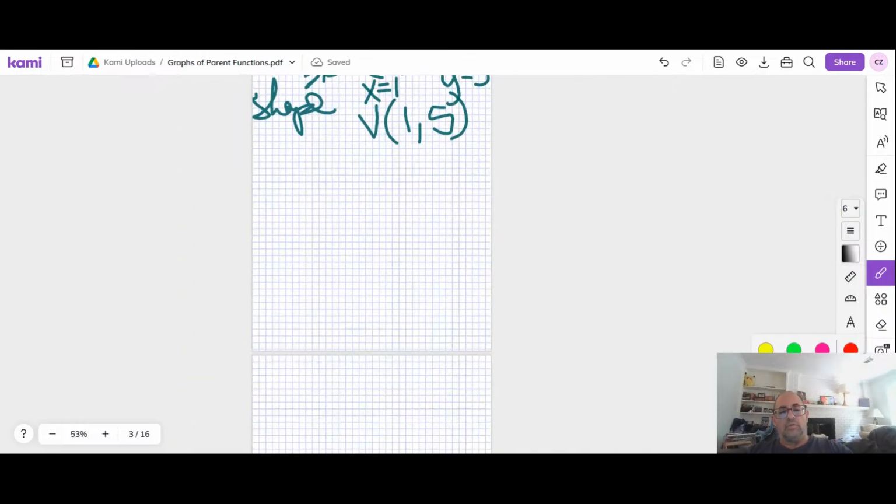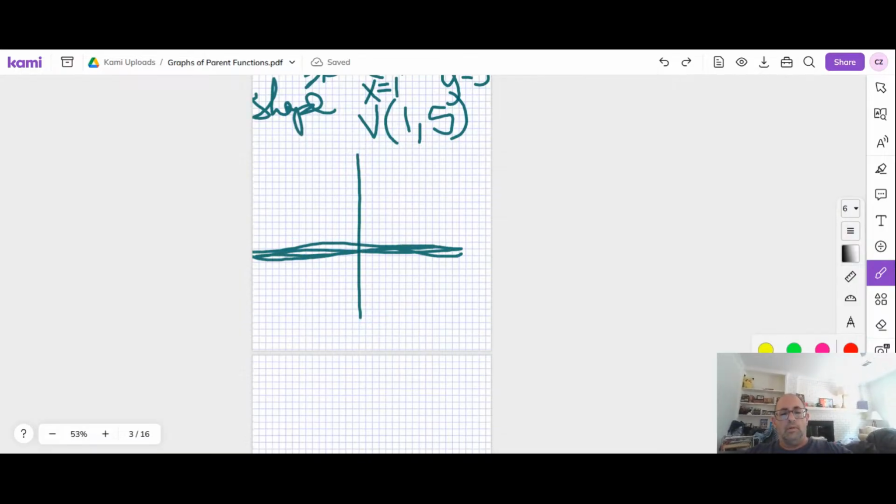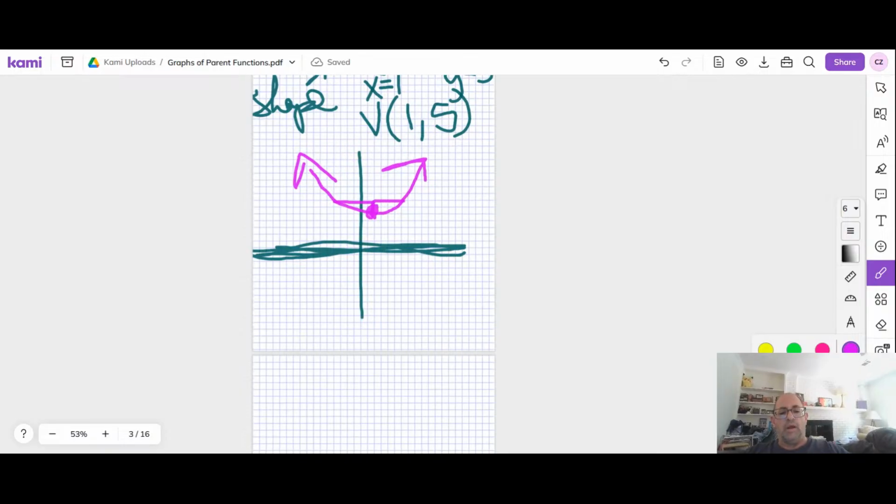So here's a little secret for you. Let's just straighten that out. So if we go to 1, 5-ish, and now go up 1 over 4, up 1 back 4, it gives you a feel for what the graph looks like.